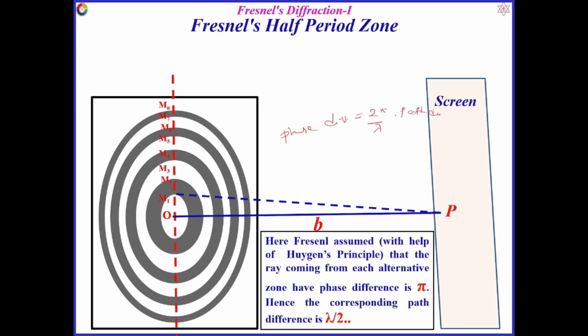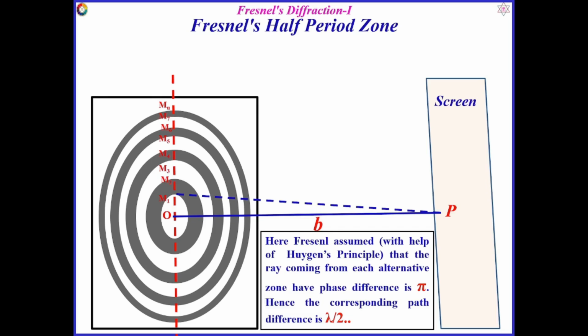Here the phase difference is pi. So pi equals 2 pi by lambda into path difference. Here pi gets cancelled, so we can get the path difference equal to lambda by 2. Right. So this is the important assumption made by Fresnel.